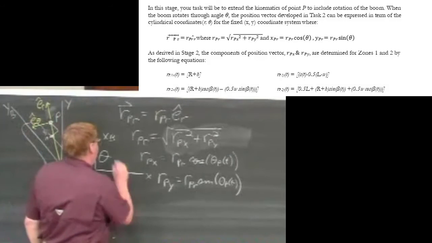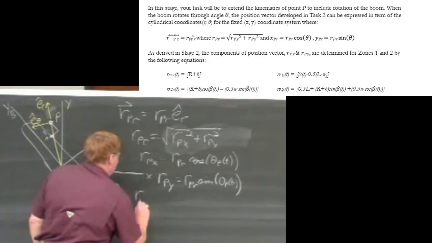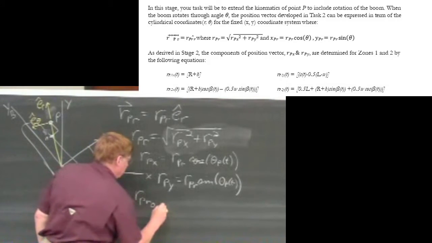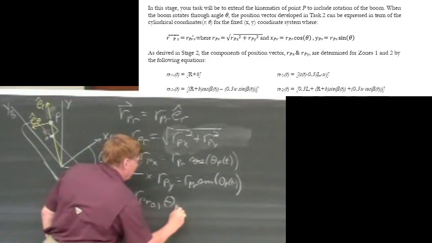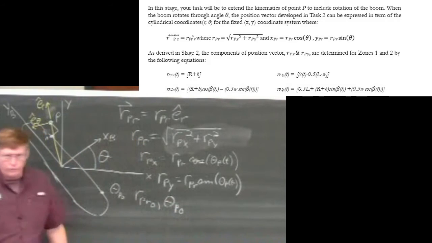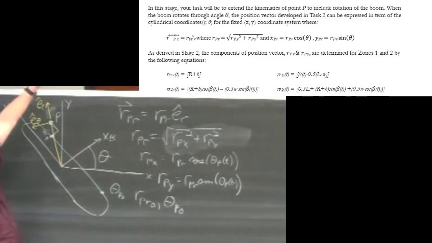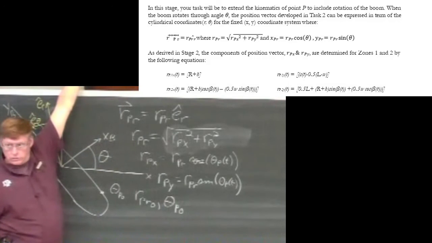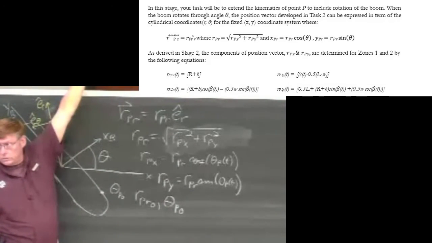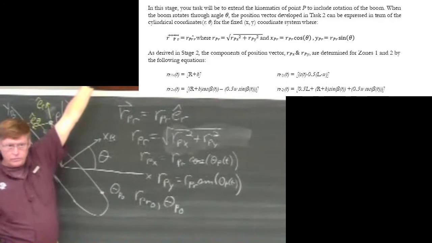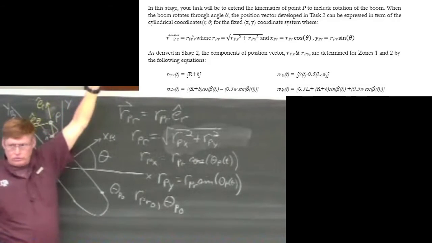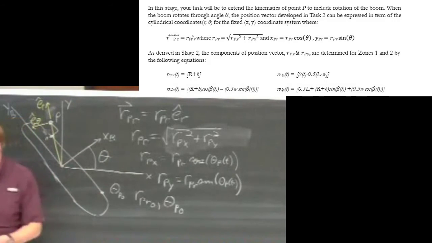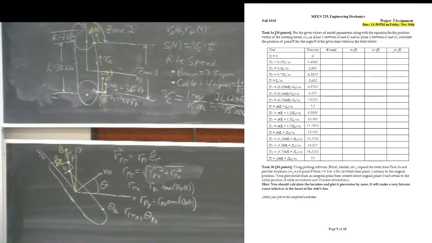So you have an RP naught that you can figure out, and you have a theta P naught that you can figure out. When it's straight up, theta is 0. You're at a distance here that you can figure out, and you're at an angle there. So your starting point is not at 0, 0. That's what I'm getting to when you start things out. Okay? Start your time, start the ride.